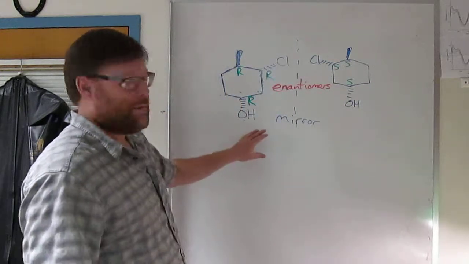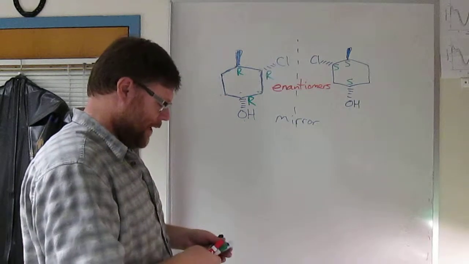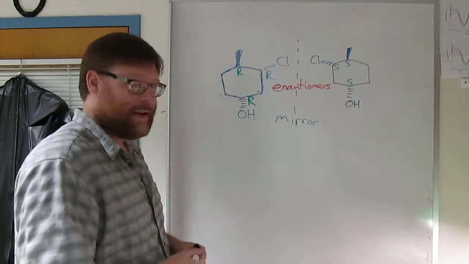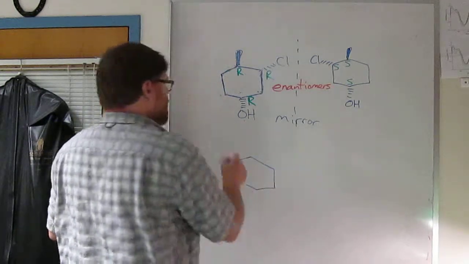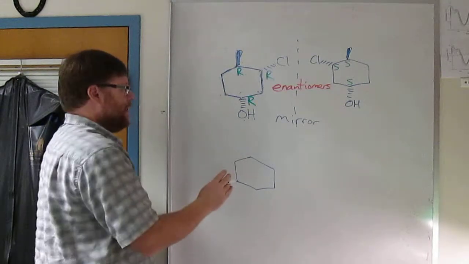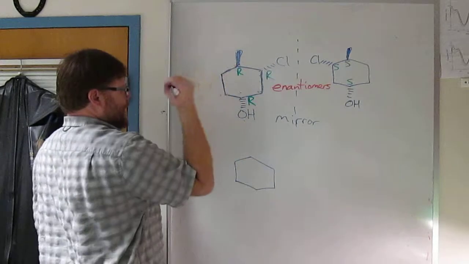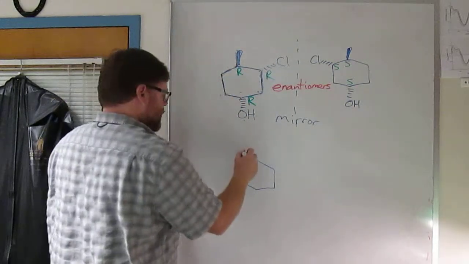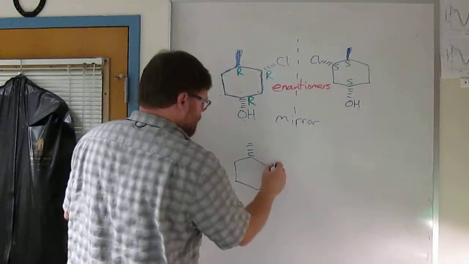So now I'm going to show you another way to draw an enantiomer. Like I said, R changes to S, S changes to R. So instead of drawing the mirror image, you can keep the two-dimensional skeleton the same, and simply invert each substituent. So this methyl is out, make it go back. The chlorine is back, make it come out.